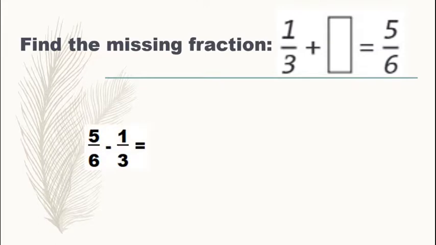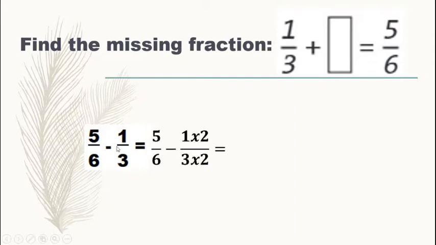The same as we do, because they are unlike fractions, we need to find our LCM of 6 and 3. What is the LCM of 6 and 3? Very good. That is 6. So we need to copy our first fraction, 5 over 6 minus.